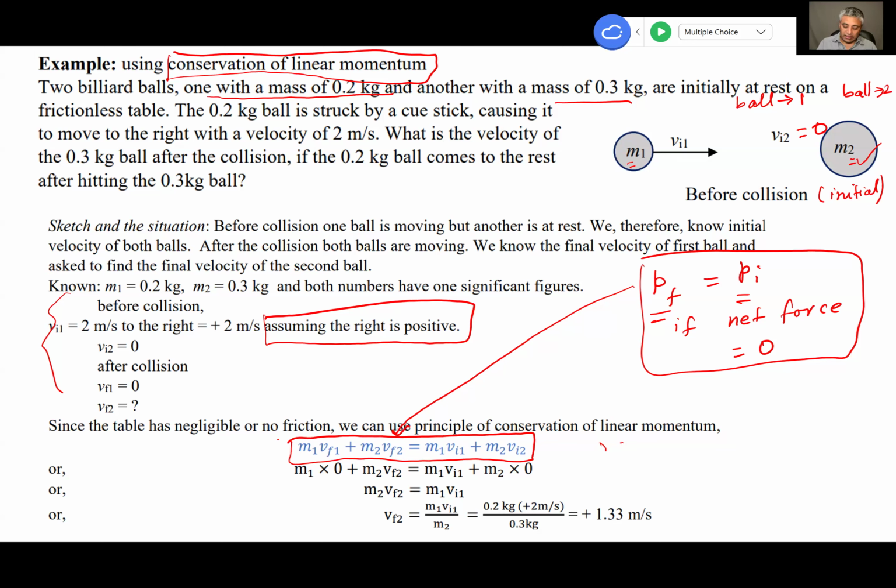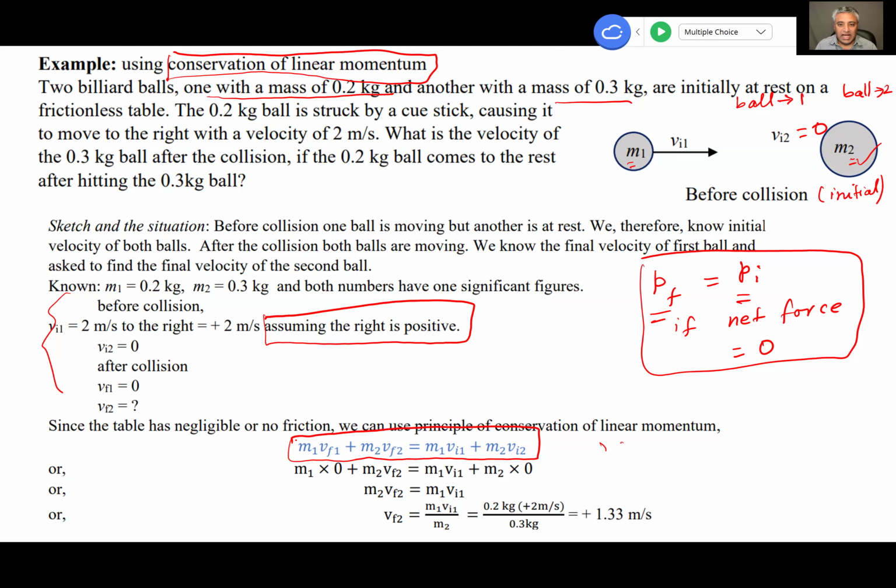Then you plug in and solve for the things you are looking for. So I'll be asking you this conservation principle question. If you need, copy this so that you can use it.